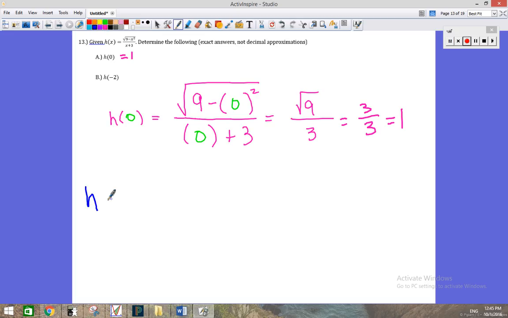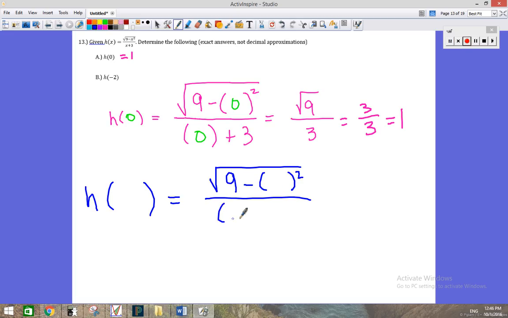Like we said, h takes whatever number you give it and creates a fraction. In the numerator, it's the square root of this quantity, 9 minus the input squared. The denominator is the input plus 3. Here, we're inputting a negative 2.